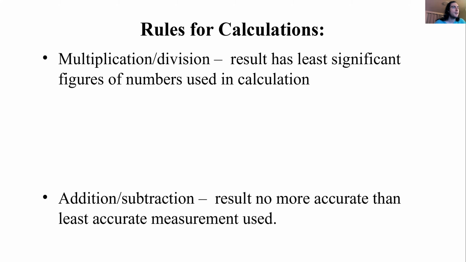Addition and subtraction, well, you're adding up all these numbers, right? For addition and subtraction, it's a little bit more complicated because you could have decimal numbers, like small numbers that have 2 significant figures, but you have a really large number and it has like 5 significant figures.